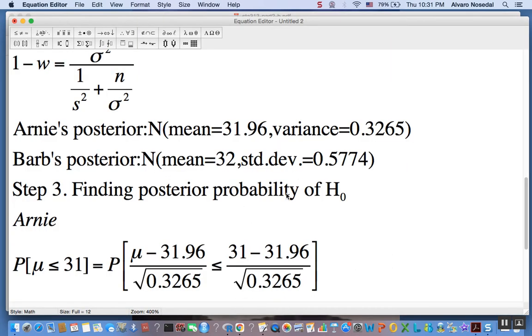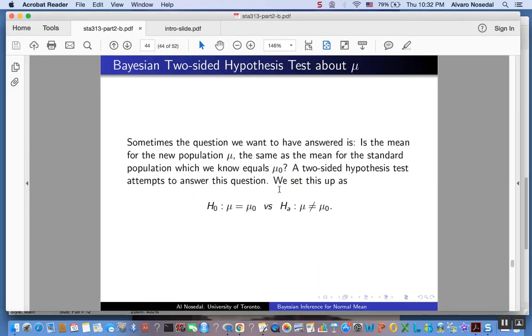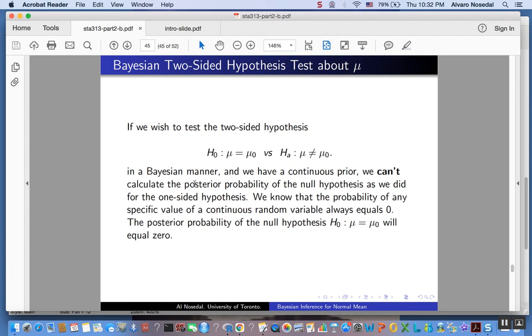That's step number 3 here. When you have a two-sided alternative, here what you have to do is instead of finding the posterior probability of H0, you find the credible set. Okay? And that's what we have here. Basically what we said, that we can't evaluate the probability of a single point if we have a continuous probability density function.